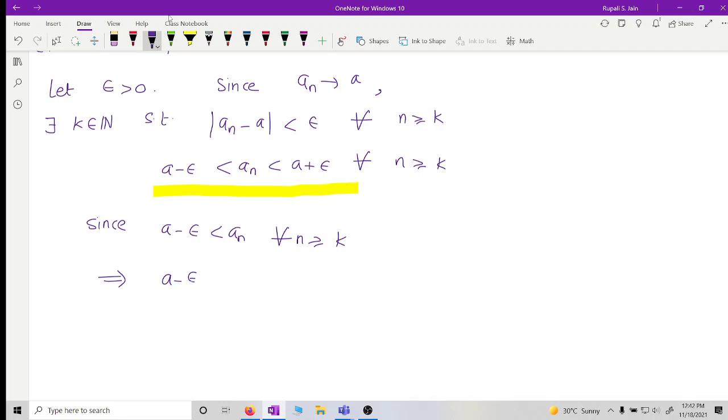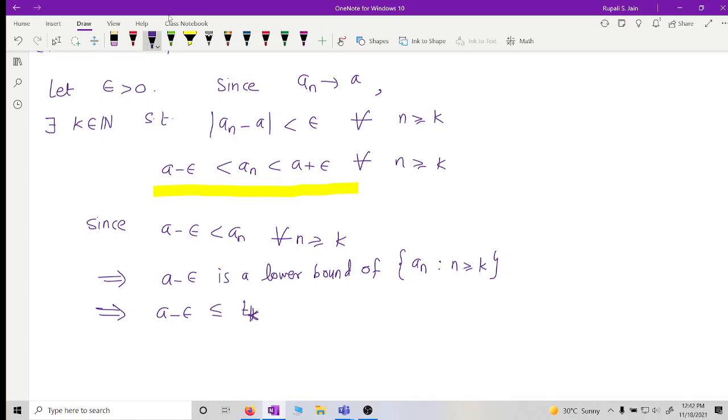A minus epsilon is a lower bound of the tail of the sequence a_n, n greater than or equal to k, right? So this implies A minus epsilon is less than or equal to small t_k.